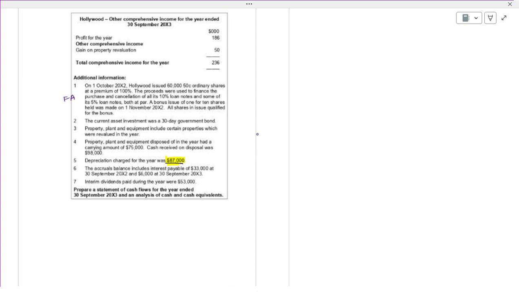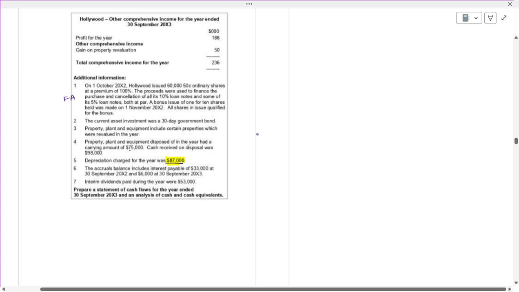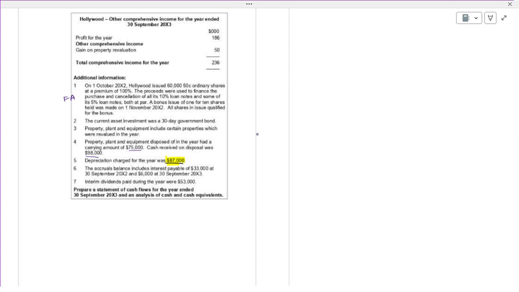We have received, see, property, plant of the year has a carrying amount of 75,000. Disposed for 98,000. Profit or gain? The profit is 23. Do we have to add or deduct?